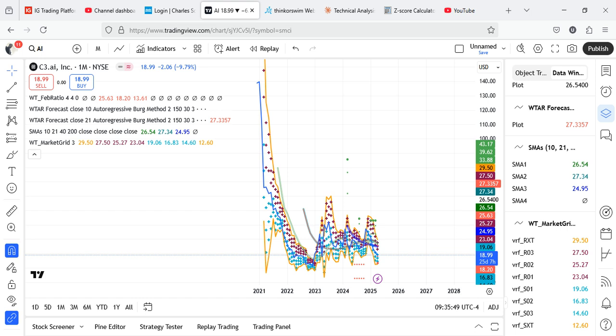So we're getting a picture of things now. We can see we have even lower prices here being projected on the monthly chart, and we're also having a sort of consistency in terms of the top of the range of prices.